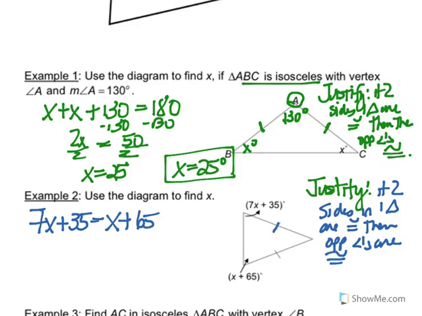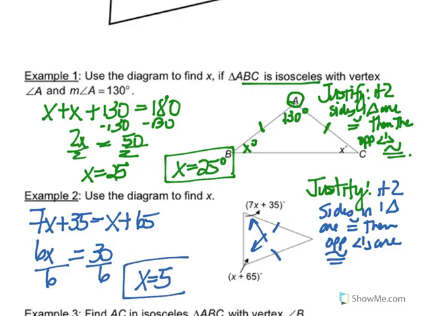So we see these two congruent sides, so their opposite angles are going to be congruent. So we end up with 6x equals 30, and divide by 6, and x equals 5. And there we go. Let's move on.